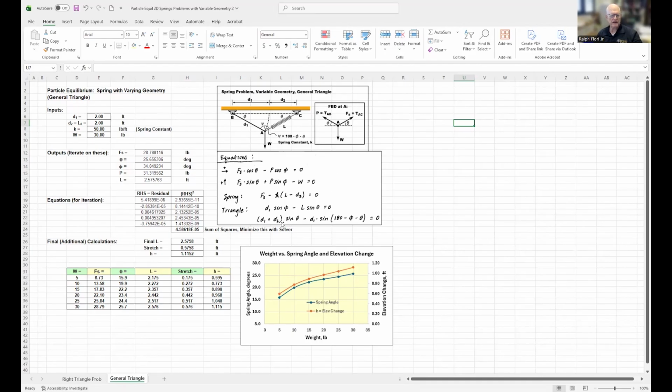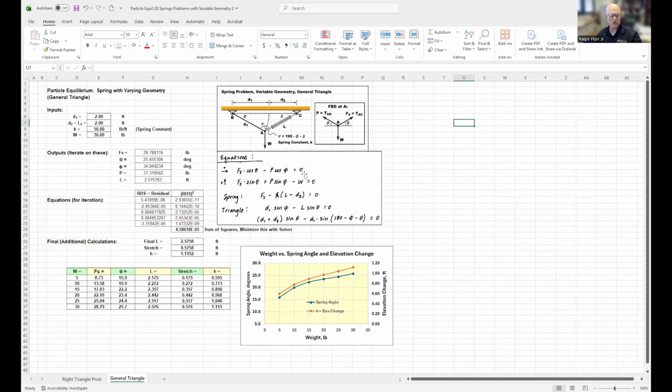And then finally, I still need another equation, but I can use law of sines again and relate this psi to this length. And so I have D1 plus D2 times sine of theta is equal to D1 times sine of theta.